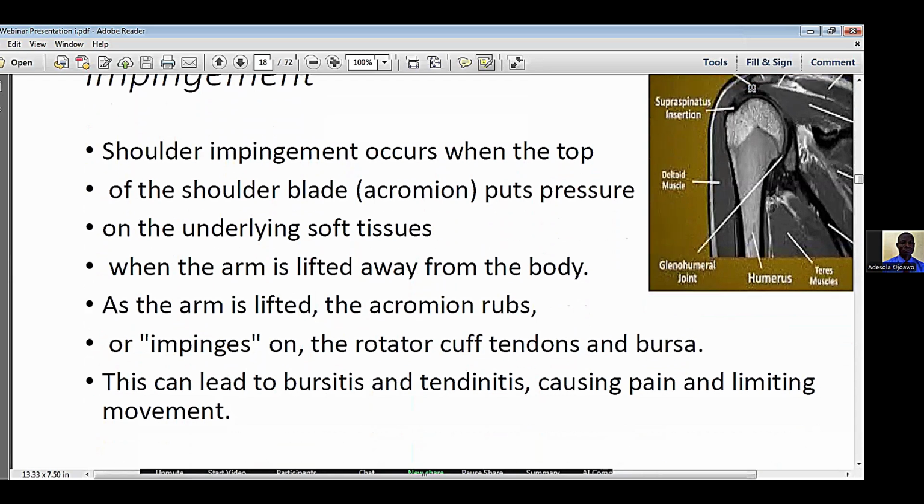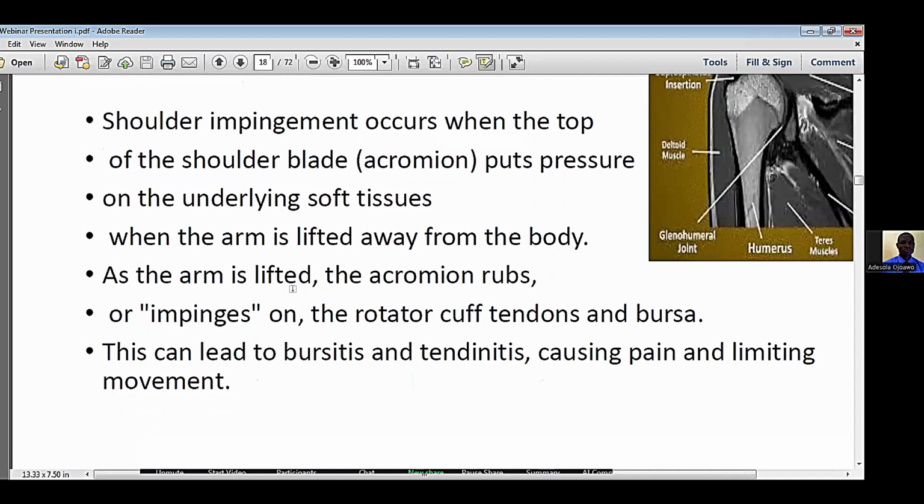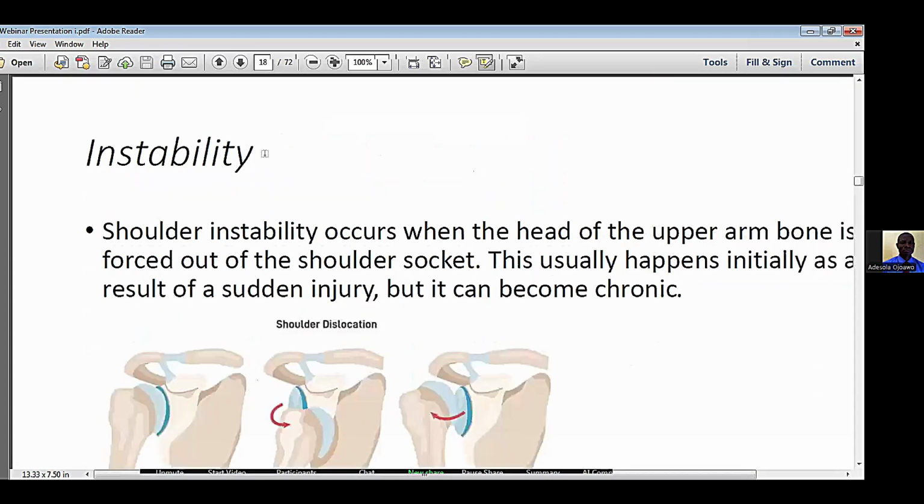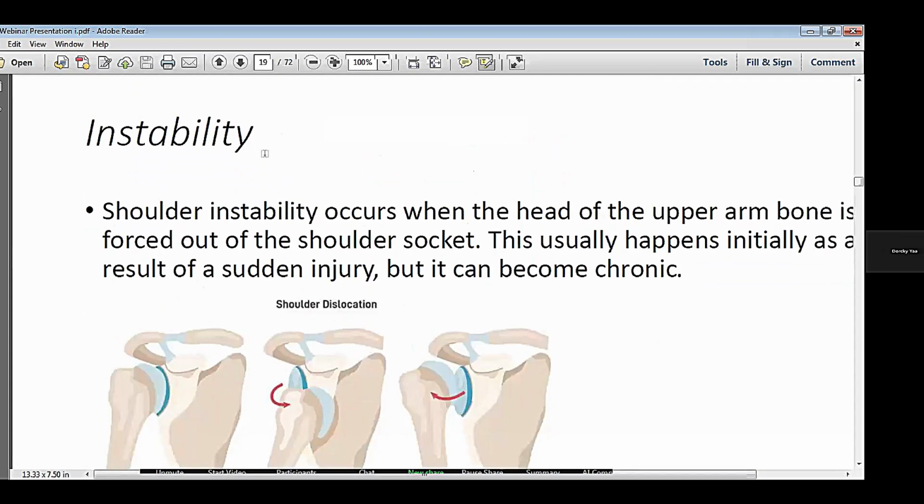So irritation of that bone on those structures will make them respond. Tendinitis may occur, bursitis may occur, and that may go a long way in making the patient uncomfortable.